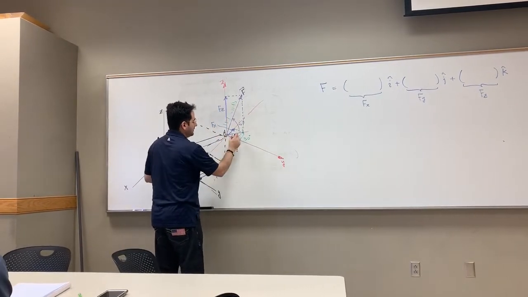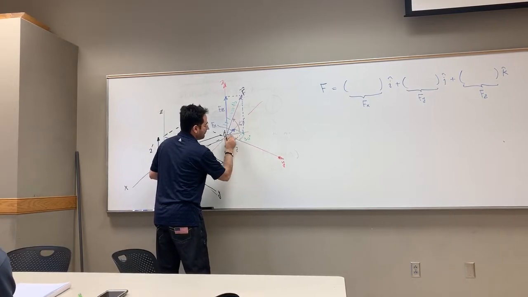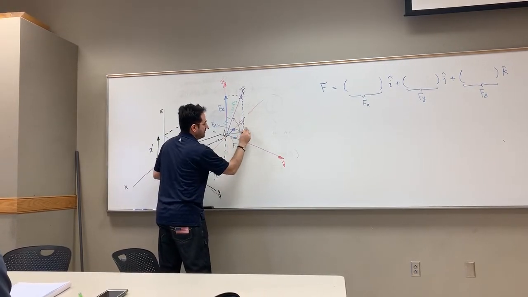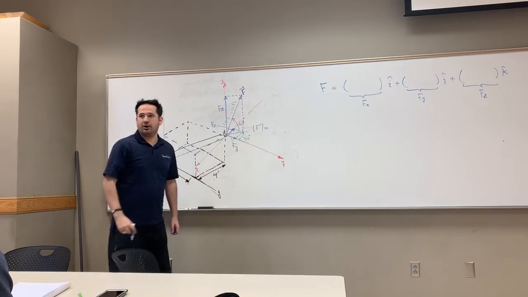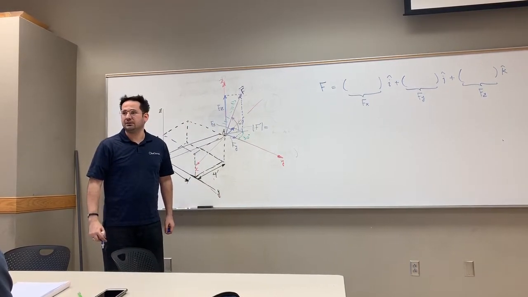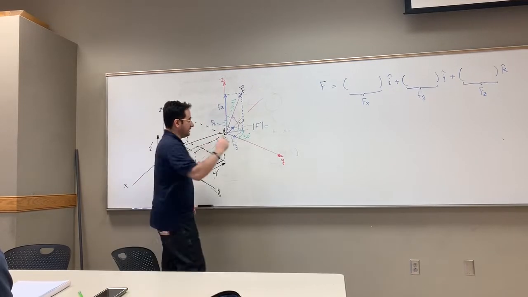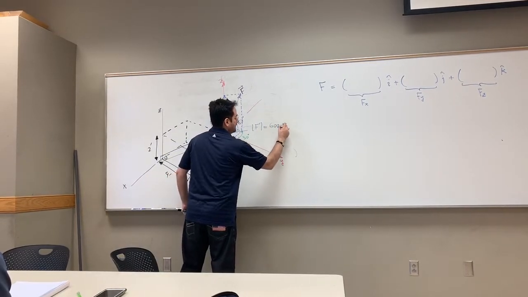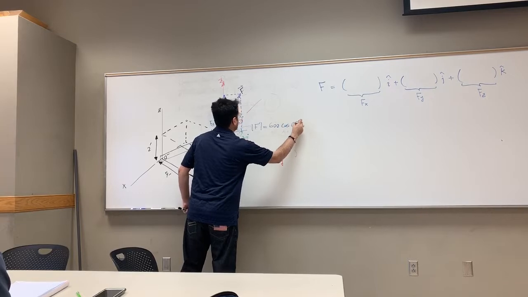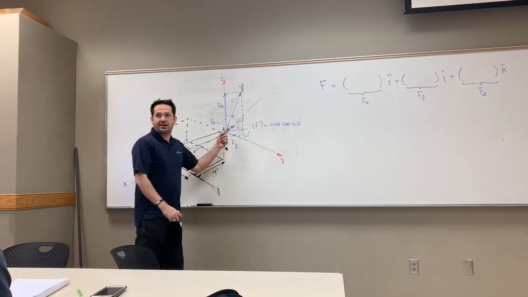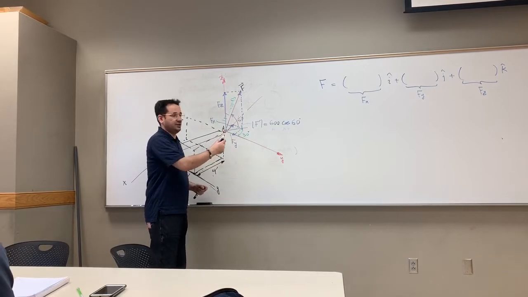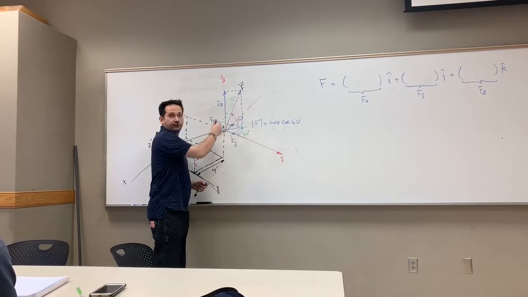Now, let's call this base F prime, from here to here. So what's the value of F prime? 600 cosine 60. Why cosine 60? Because this angle is between this side and the force.